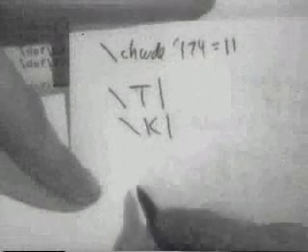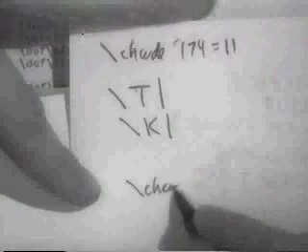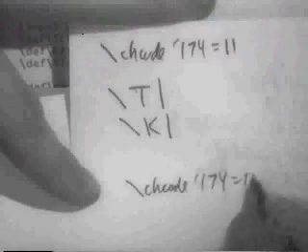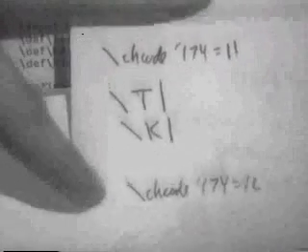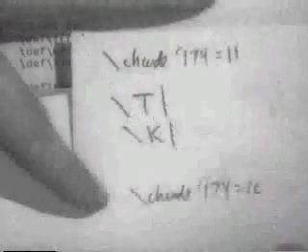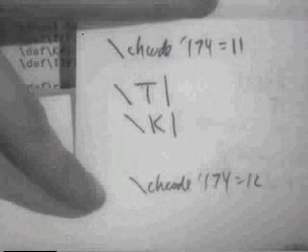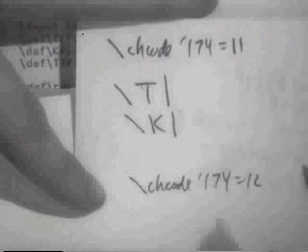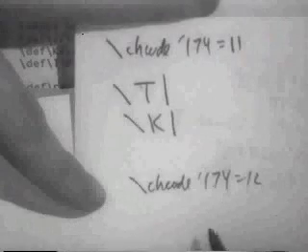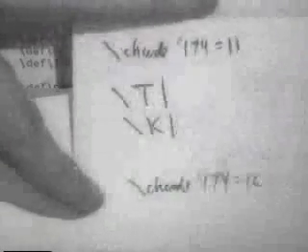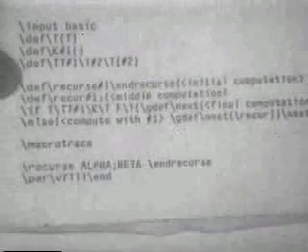But then after I've defined all of my control sequences that I want to be private, that no user is going to match, I change the code of 174 back to 12 the way it usually is, and now no user is going to be able to conflict his control sequences with mine unless he really tries very hard by changing the code back to 11 and sticking it in again. Okay. So there will be a forbidden control sequence in here, but no forbidden character.